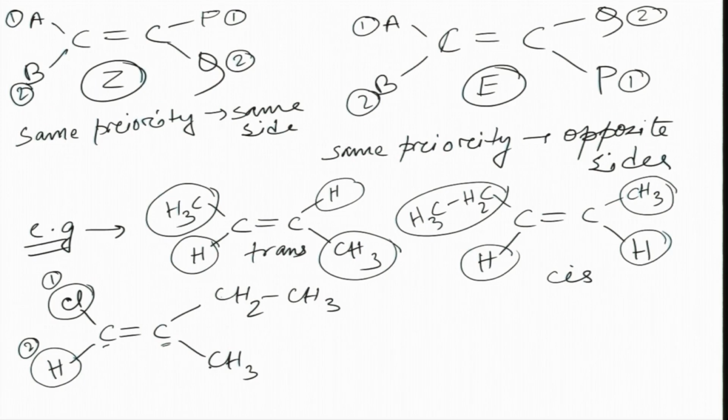There is ethyl and methyl. Both are carbons, so we will see these next carbons again. The methyl carbon is bonded to 3 hydrogens and the ethyl carbon is bonded to 2 hydrogens and 1 carbon. Since carbon has a higher atomic number, this is 1, this is 2. Now, the same priorities are on the same side, so we will call this Z.